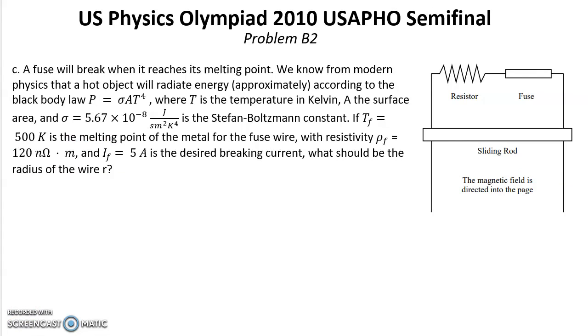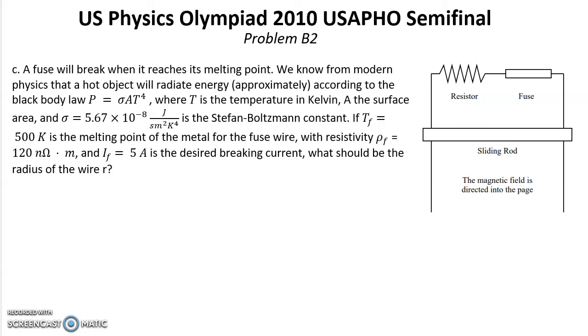Part C. A fuse will break when it reaches its melting point. We know from modern physics that a hot object will radiate energy approximately according to the blackbody law at power equal to sigma A T to the power 4, where T is the temperature in Kelvin, A is the surface area, and sigma is the Stefan-Boltzmann constant.